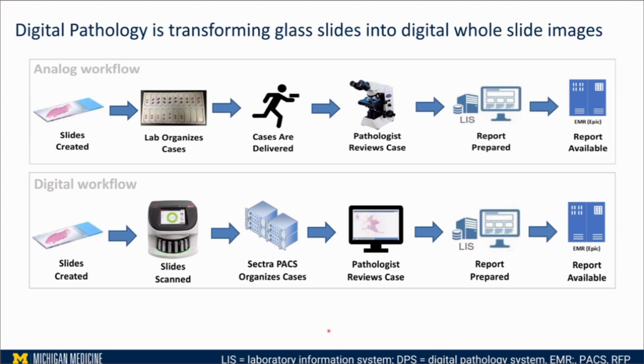Sometimes they are distributed only to the trainee at first, or only to the shelf, and the trainee has to pick those slides. Then they have to be shared with the faculty or the pathologist, who will review them under a light microscope or maybe an immunofluorescence microscope. The report will be generated in the laboratory information system, and then distributed to the EMR or EHR to share with the clinician and the patients.